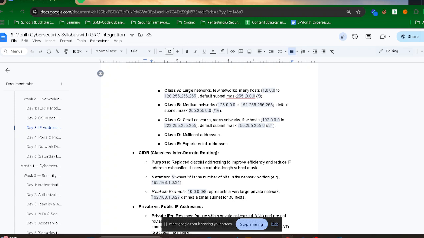So it means that this network can only contain 30 hosts. I was asking, why is it 30 hosts?